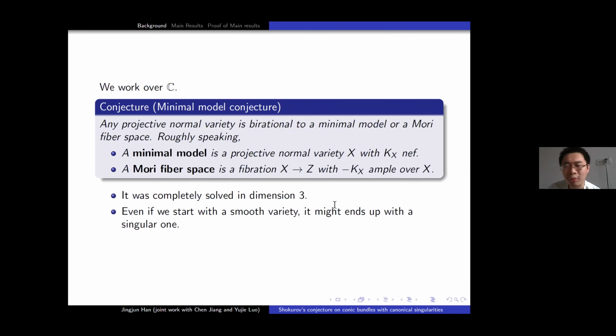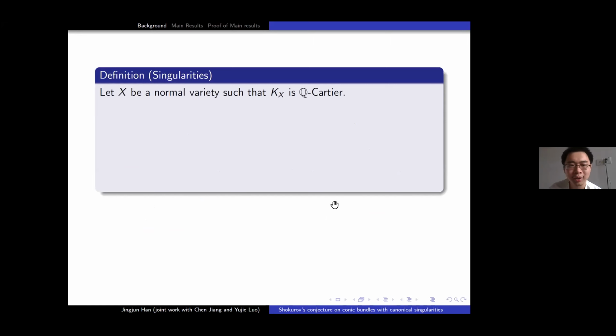I would like to mention that even if we start with a smooth variety, it might end up with a singular one. So we need to introduce some definitions of singularities, or I would like to recall the definition. Let X be a normal variety such that K_X is Q-Cartier, or I can assume that X is Q-Gorenstein.